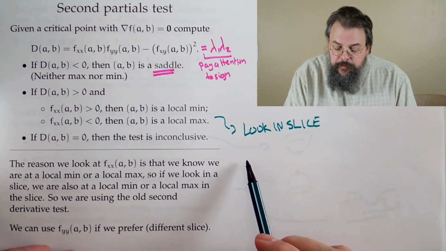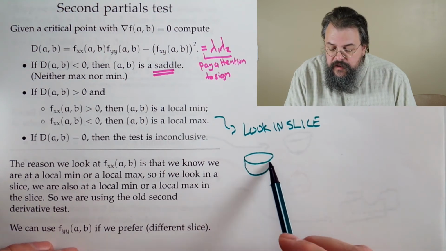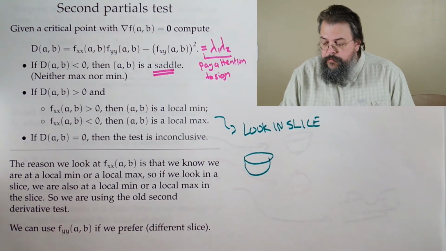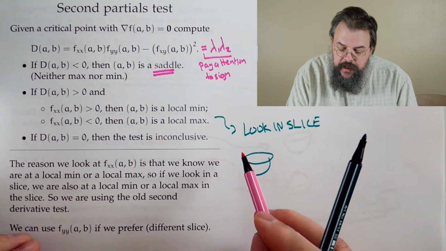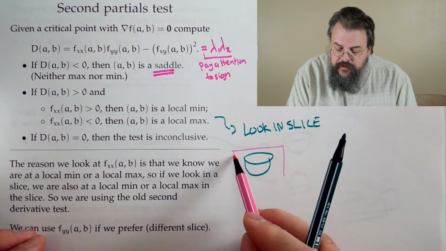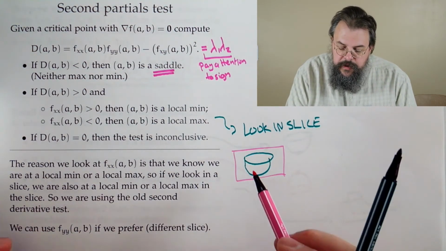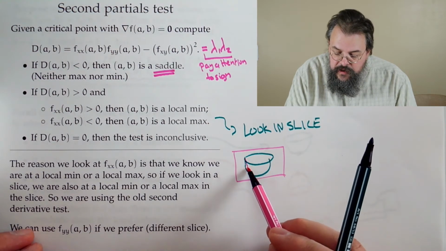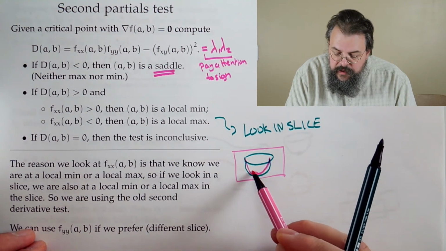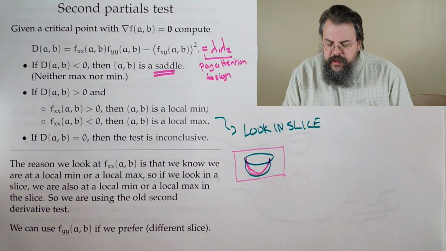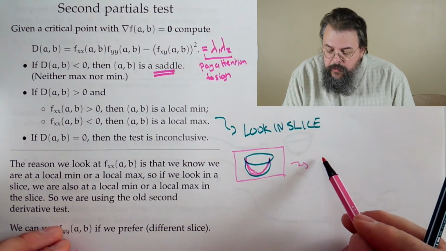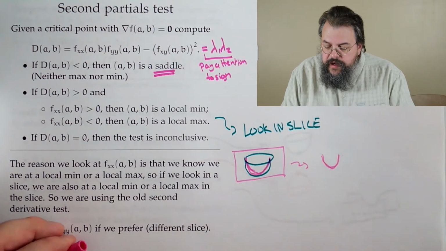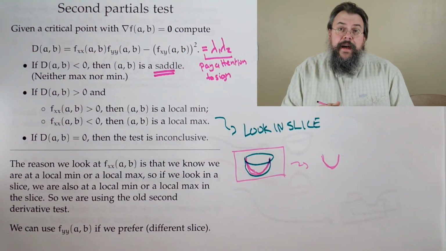So maybe my shape is doing this, and now we do a slice, and we say, okay, let's fix y. So we fix y, and when we slice, lo and behold, we see this shape in our slice. We say, okay, now what do we want to do? Well, we want to figure out, is that a min or a max?